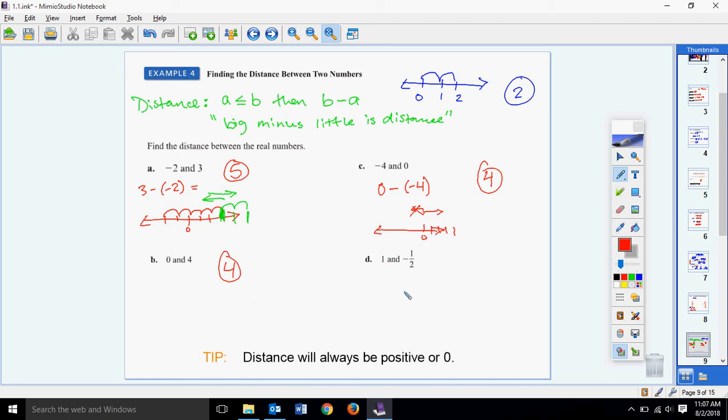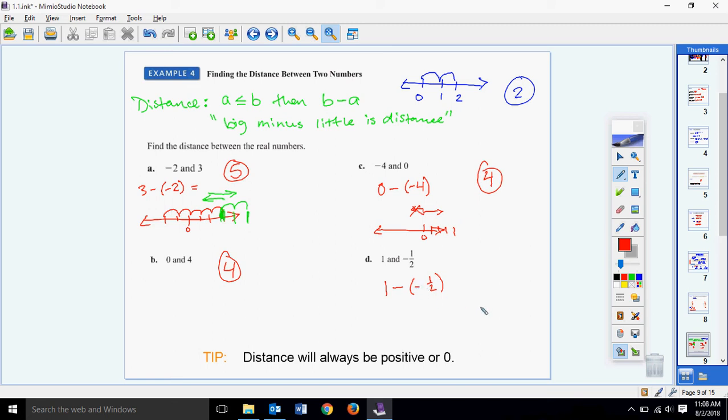Then we have 1 and negative 1/2. So let's do our algorithm of big one minus the little, minus negative 1/2. You could either type that in your calculator or you could use my thinking process. So if we're at 1, subtraction means to go backwards to the left, but negative means, oops, stop what you're doing and change direction.